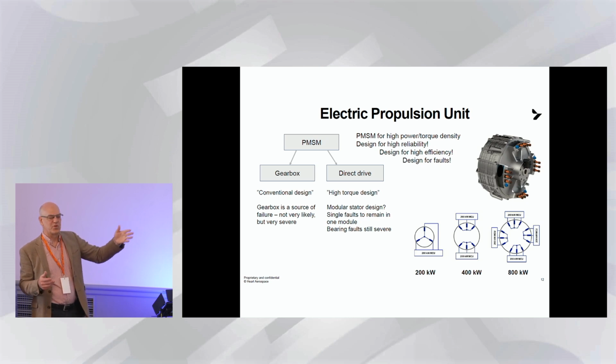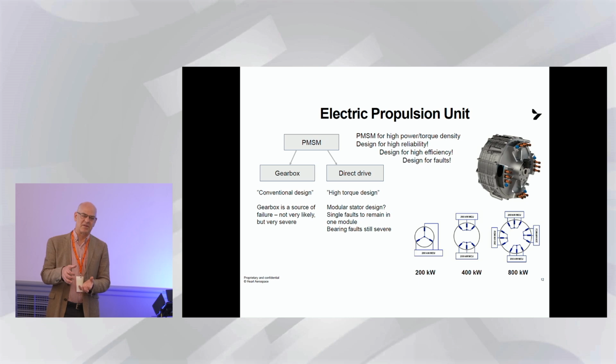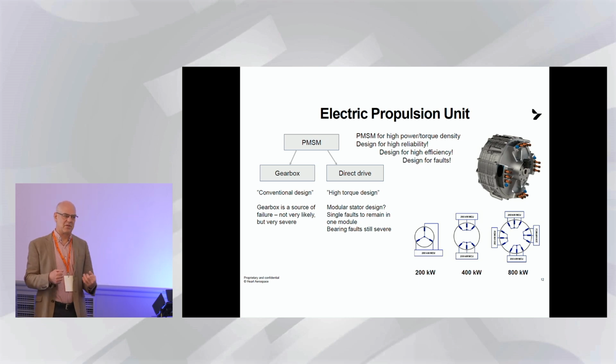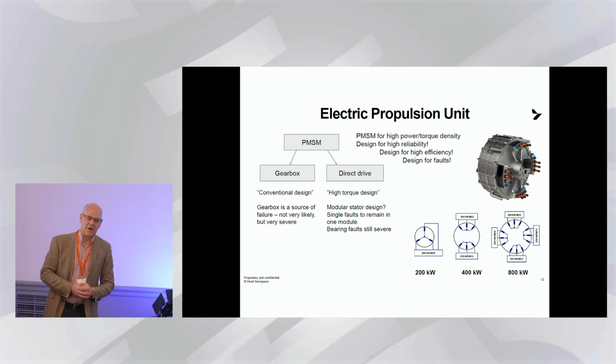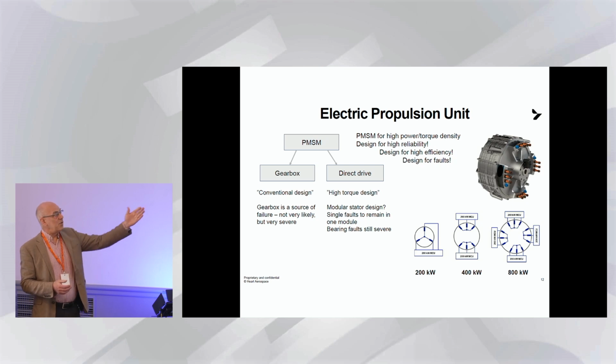But if we go to twice the power, we're not requesting a 400 kilowatt inverter. We are requesting the same inverter, but a motor with dual windings. And that means that we have one winding working if we have a failure of one inverter. And if we go to even higher power, we will go even above 800 kilowatt, a bit higher.